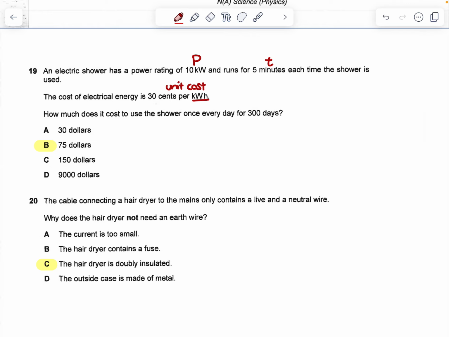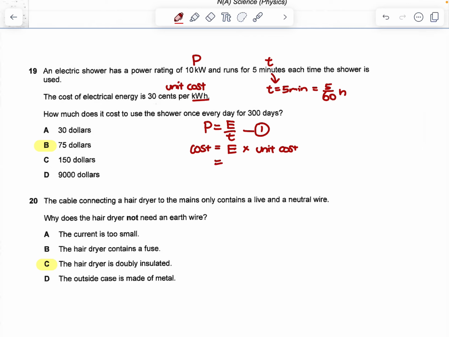So since it's per kilowatt hour, we need to convert this 5 minutes, T, into hours, 5 over 60 hours. Okay, first equation we use P equals to energy over time. Second equation, cost equals to energy multiplied by unit cost.